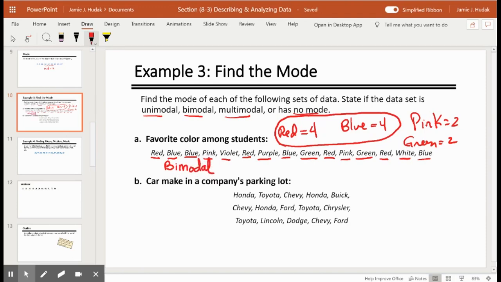Example B, car make in a company's parking lot. So if you were looking at what the other employees drive in the parking lot, and we were to count through the car makes, Honda shows up 3 times. Toyota shows up 3 times.